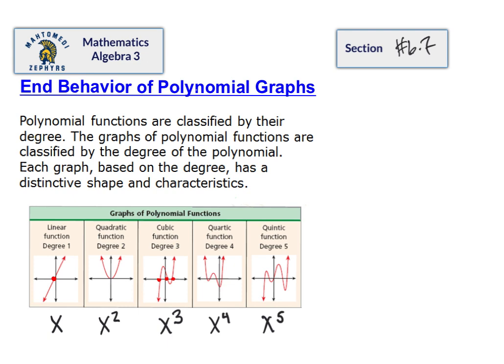Notice, for each one, the graph has a distinct shape. And what's more important to notice is that the x squared and the x to the fourth behave differently than the x cubed and x to the fifth.